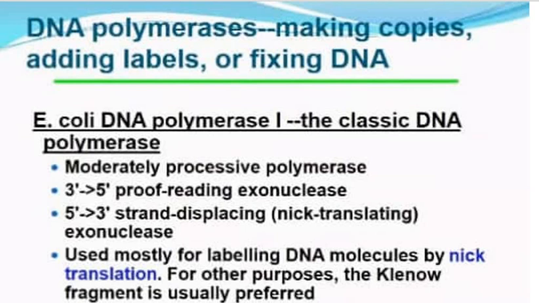It is a moderately processive polymerase and it has 3' to 5' proofreading exonuclease activity and 5' to 3' strand displacing and nick translating exonuclease activity. It is used mostly for labeling DNA molecules by nick translation, and for other purposes the Klenow fragment is usually preferred.